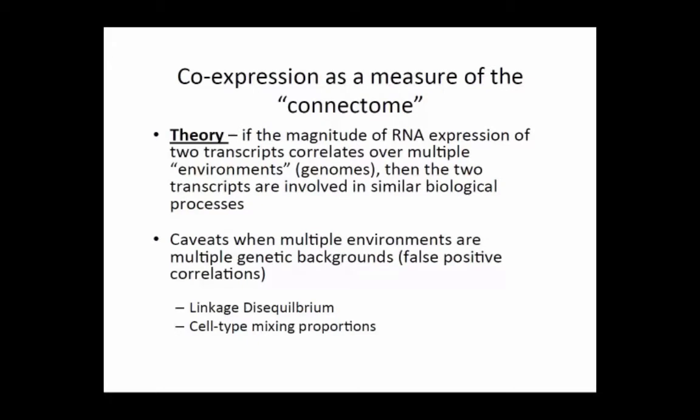So again, we're talking about taking a whole brain or a whole liver where we know there are lots of different cell types. We know that the expression levels are going to be very different in the different types of cells. So some of the correlation patterns we may be seeing are because this sample had more neurons in it, where this sample had more microglia in it.